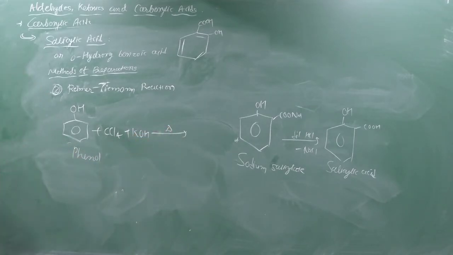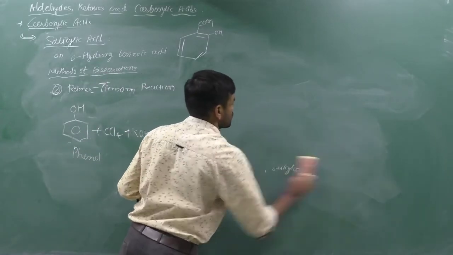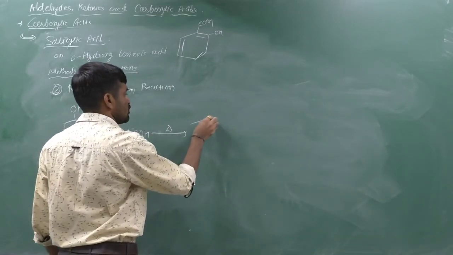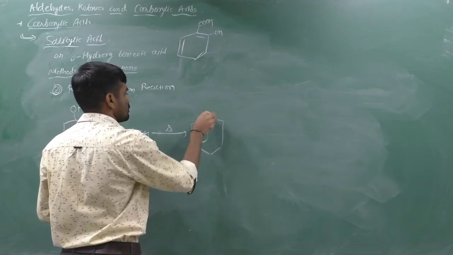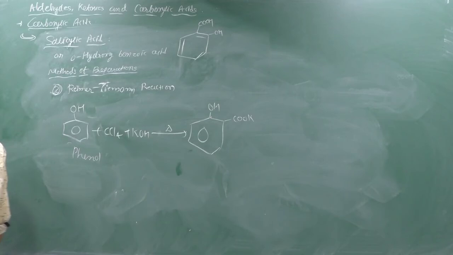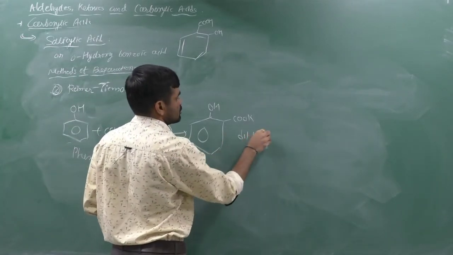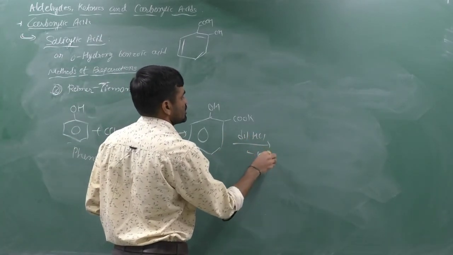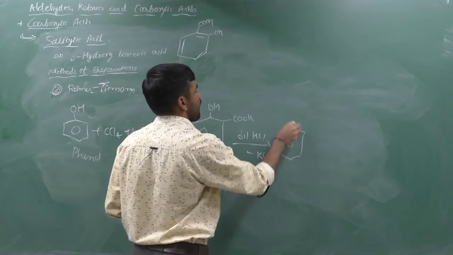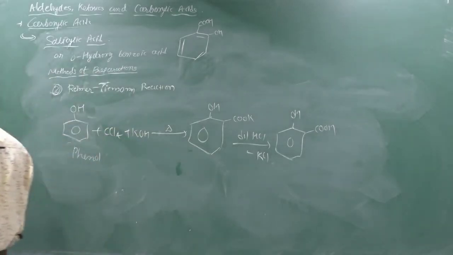Then first we can get OH and COOK. Clear? Then we can treat with dilute HCl, and directly we can get salicylic acid, minus KCl. This is the second method.